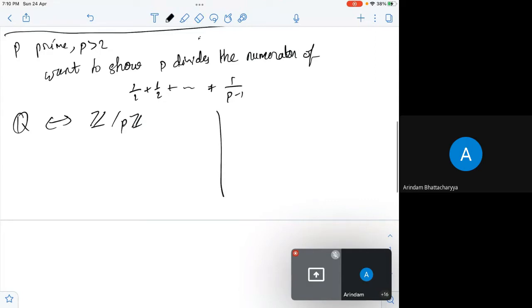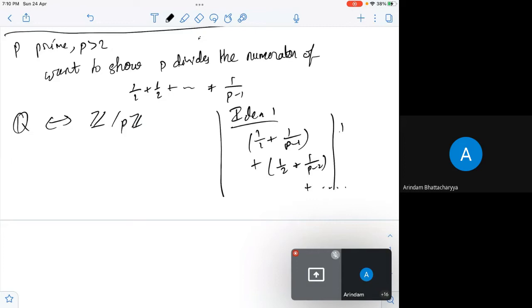So two ideas. One is to pair these up, and each of those will be of the form p times something. That was the first idea.